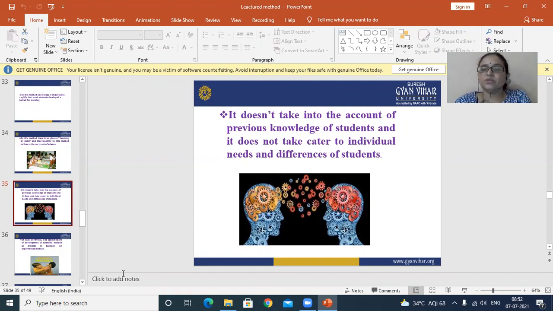It does not depend on the quality of the learner or other things. So this is the main disadvantage of the lecture method.